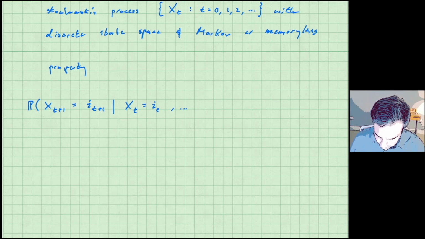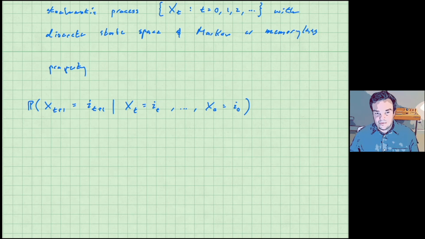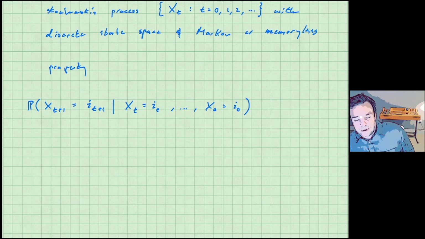Next one would be x sub t minus 1, and i sub t minus 1, and so on, all the way until you got to x sub 0 is equal to something i sub 0. Right, so that's the left-hand side. So we want to say something about this particular conditional probability. So that's what the Markov property or the memoryless property is about.